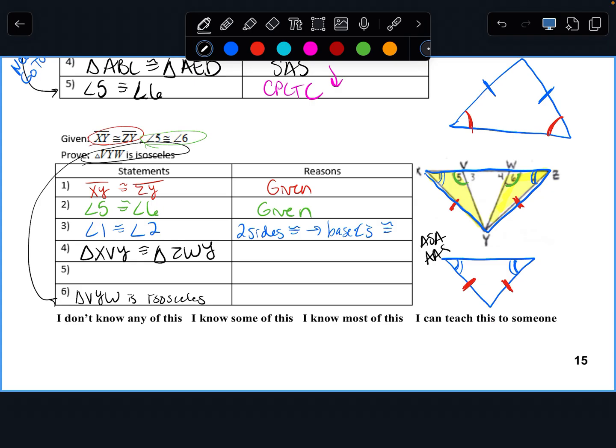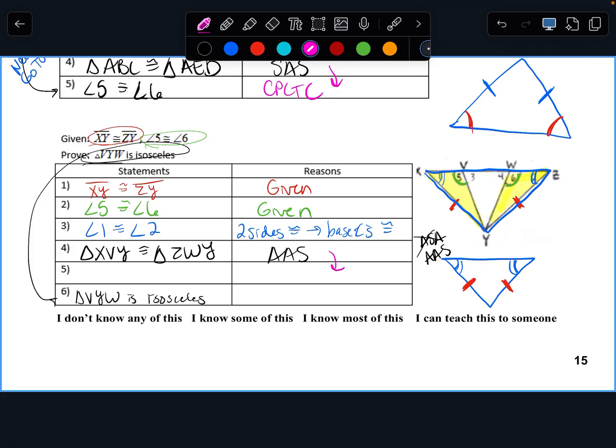So it's this one or this one. So side connecting the angles, is it marked? This little dinky guy? Nope. So angle, side. It can't be ASA because the side between them is not marked. That XV and WZ, that's not marked.